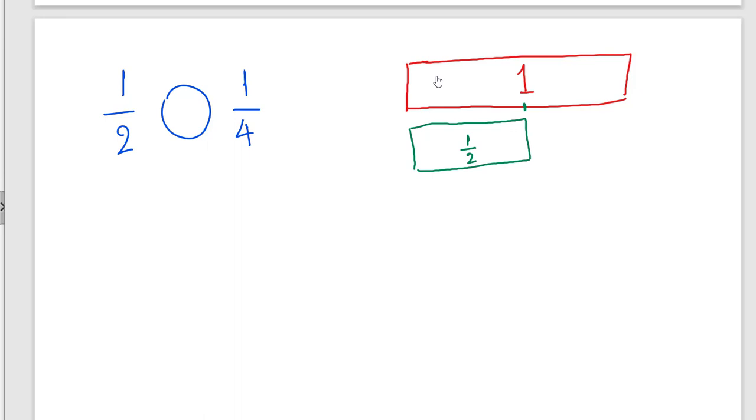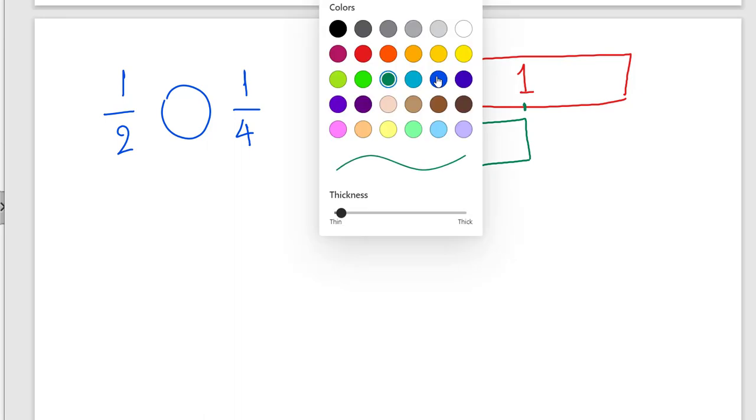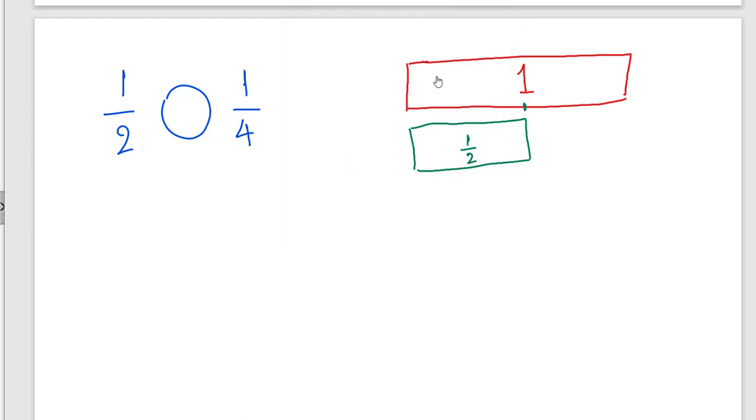And to represent the second one, I should change the color, of course. Why should I change the color? Because this is fourth. The unit fraction here is different.